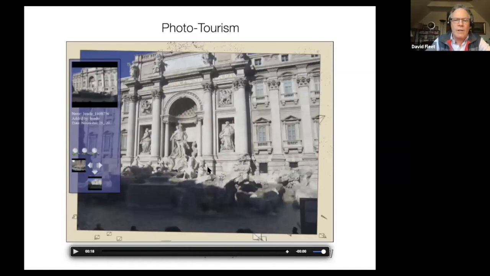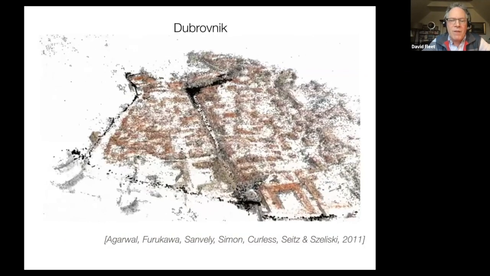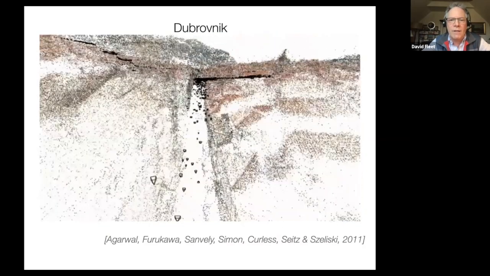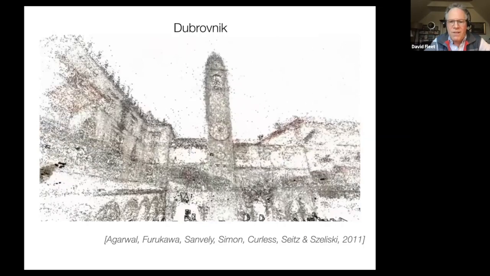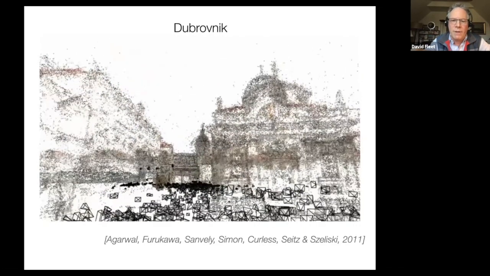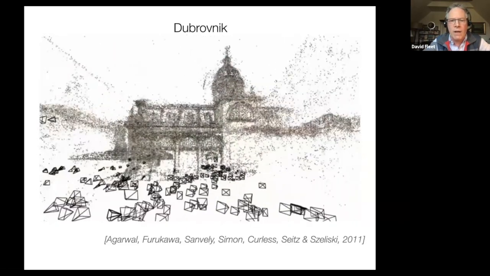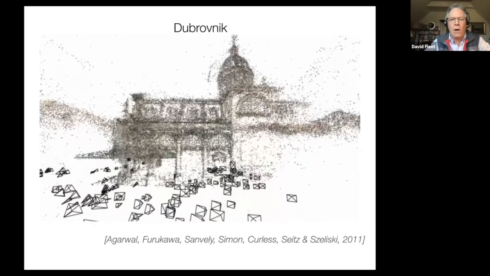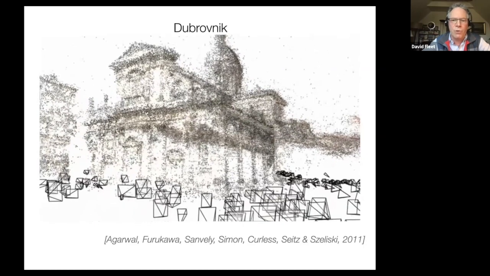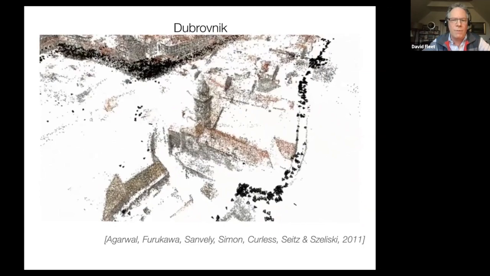A year or so later, they took this to even larger scale. So this is something like 5,000 or 10,000 images of the city of Dubrovnik. And each of those little prisms is, again, one of the images they found. What I'm showing you is their three-dimensional map of the environment in terms of a point cloud, which are all the corresponding points that they were able to find among these different views, rendered as a three-dimensional point cloud image.